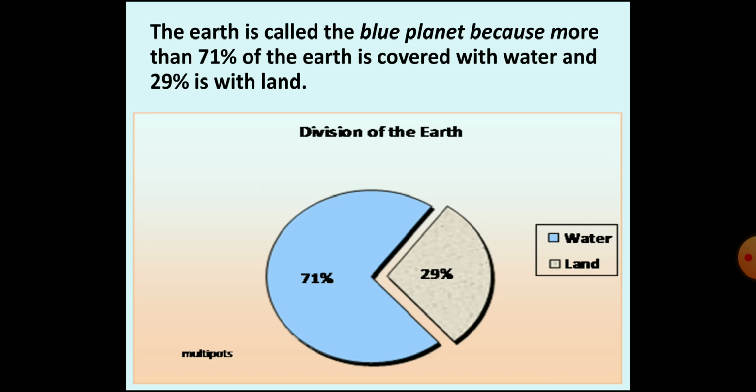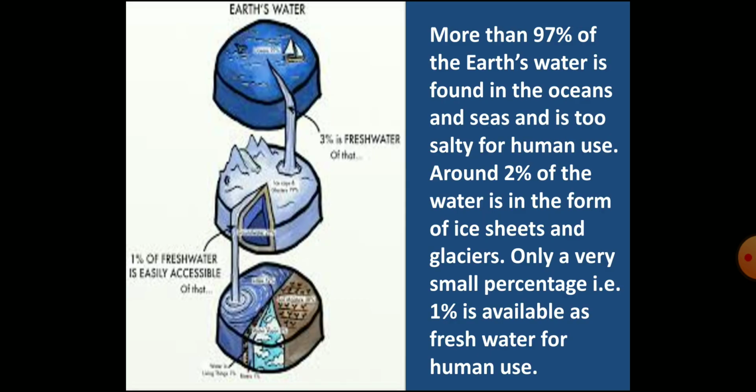Children, more than 71% of the earth's surface is covered with water and 29% is land. Therefore, children, earth is also referred to as a blue planet. Now, out of the total water of the earth, more than 97% is found in oceans and is so salty that it cannot be utilized for human use.